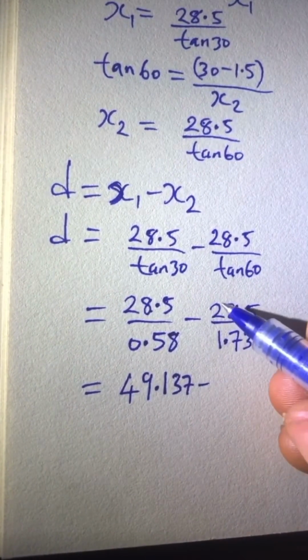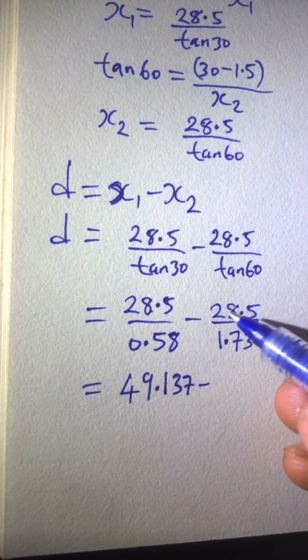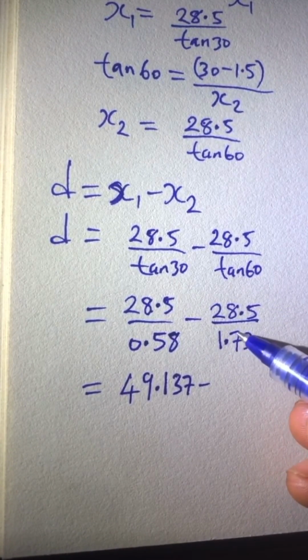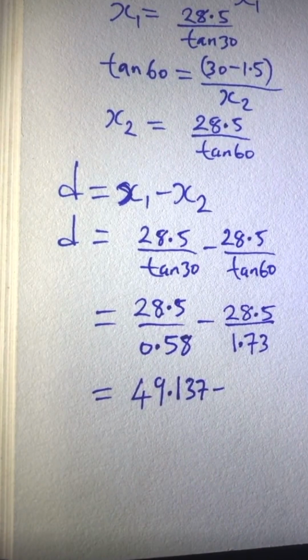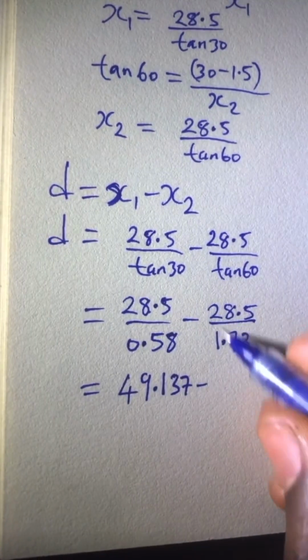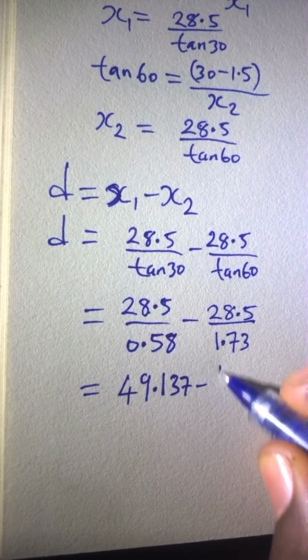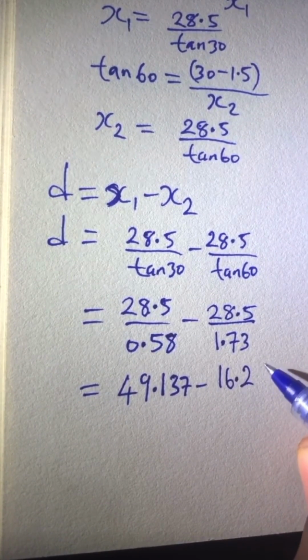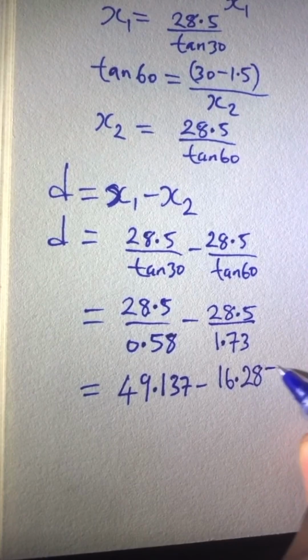Then minus 28.5 divided by 1.75 is equal to 16.285.